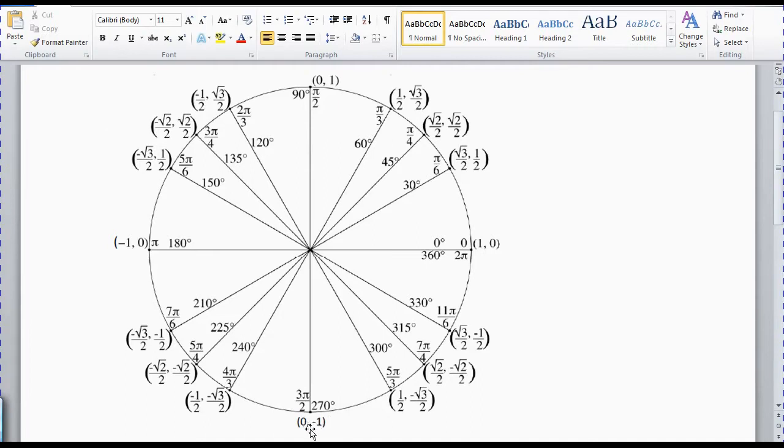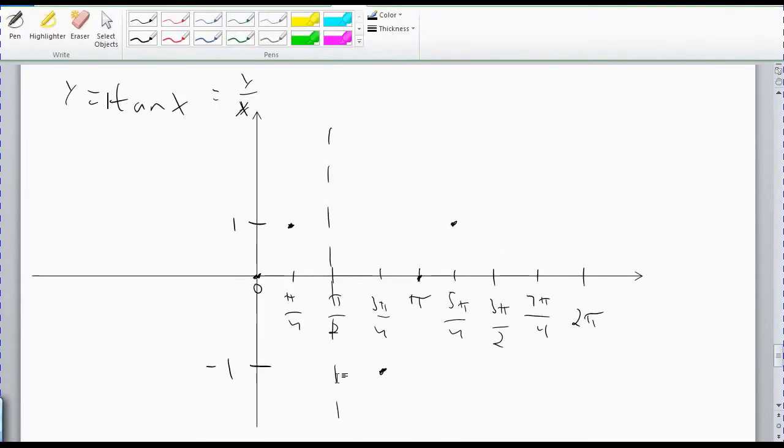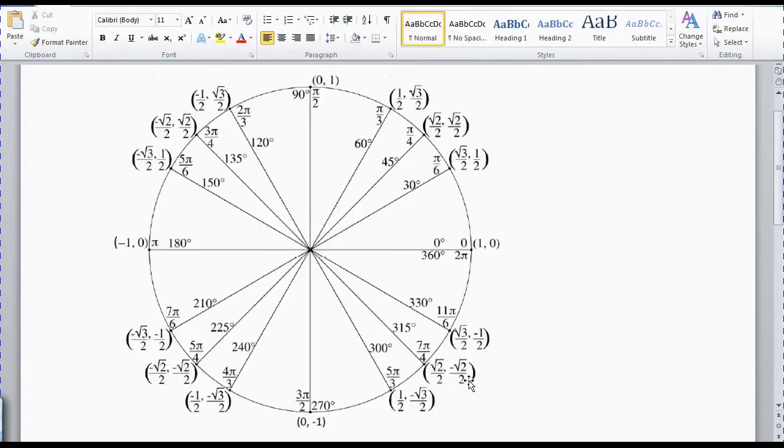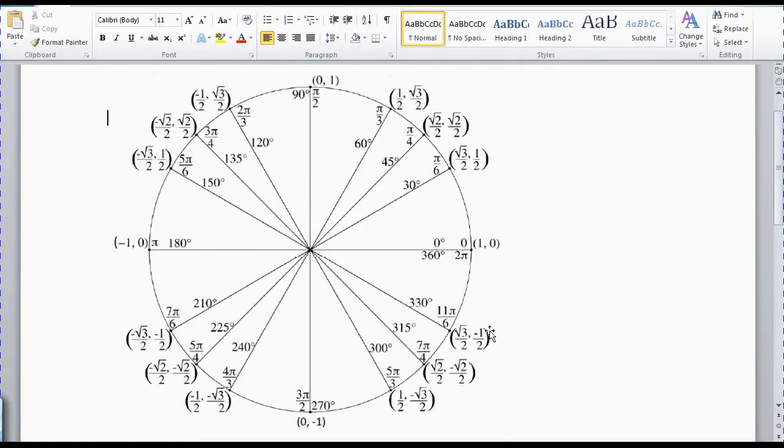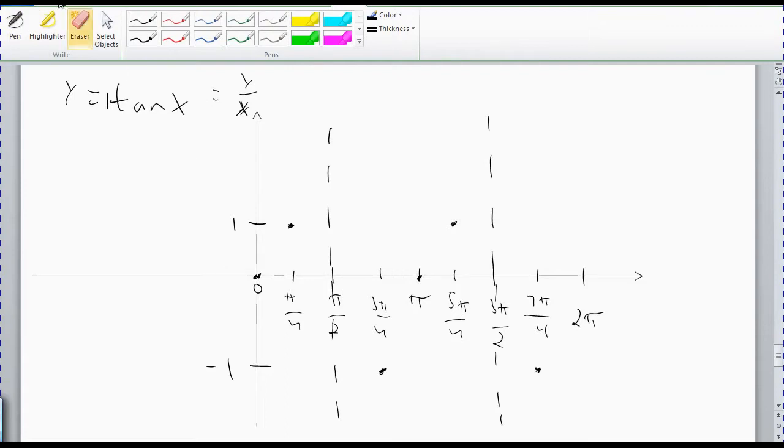Negative 1 divided by 0 is not possible. So at 3 pi halves, we have an asymptote once again, an imaginary line that the curve approaches but never gets to. Let's look at 7 pi fourths. Same thing divided by itself, so we have one negative sign, which makes it a negative 1. And then back to 2 pi, which is going to be 0. 0 divided by 1 is 0.